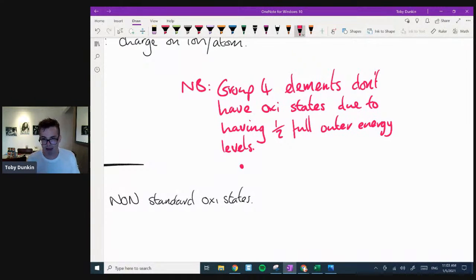So not only do they have a half full outer energy level, but in reality, a better explanation is the fact that they're going to be covalent. These things aren't going to be ionic. You can find carbides, but the carbides aren't going to be ionic. They're going to be covalent.